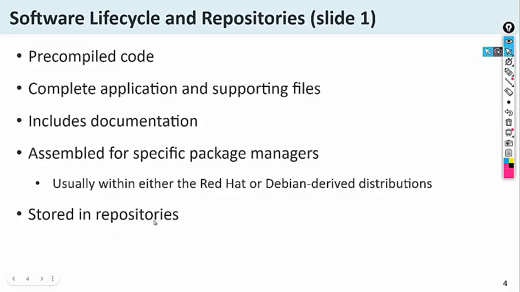And these repositories are maintained by specific organizations. For example, the Red Hat repository is maintained by Red Hat. For Debian based ones, like the Ubuntu repository, it is maintained by Ubuntu, and the Kali Linux repository is maintained by Offensive Security.